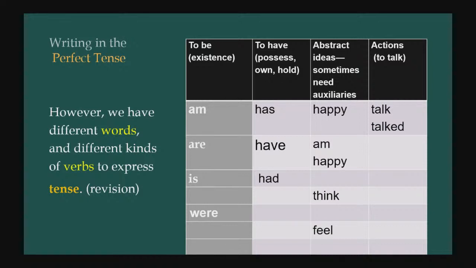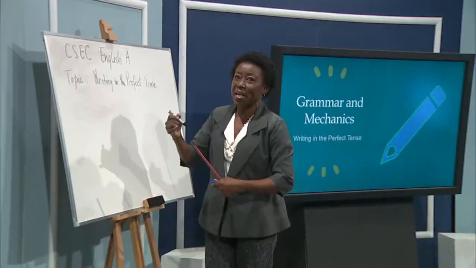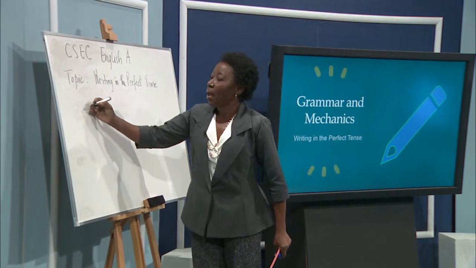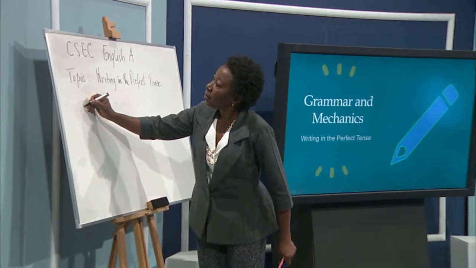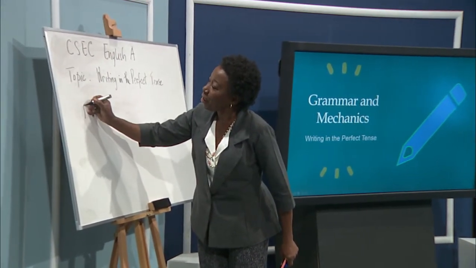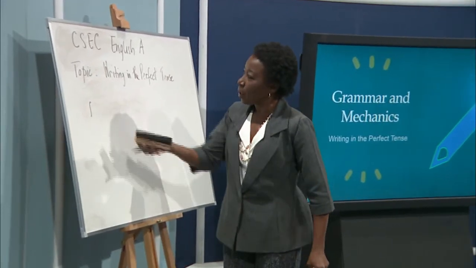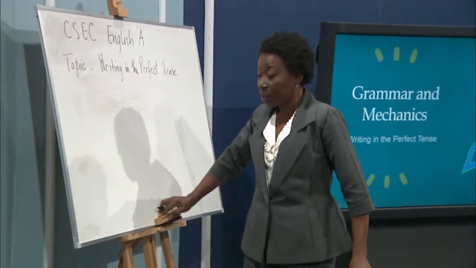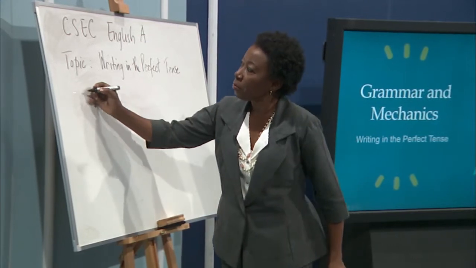Now, I would like you to remember has and have. Let me do a sentence for you. Some of you make mistakes when you're writing. So, for instance, you say, she, all right then, she has a book.